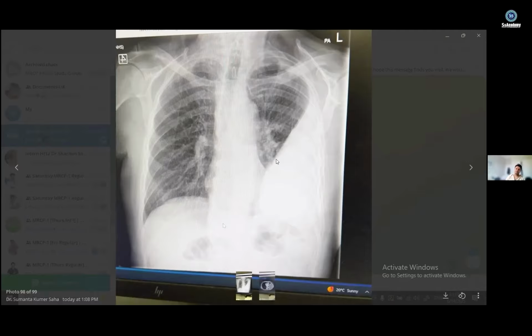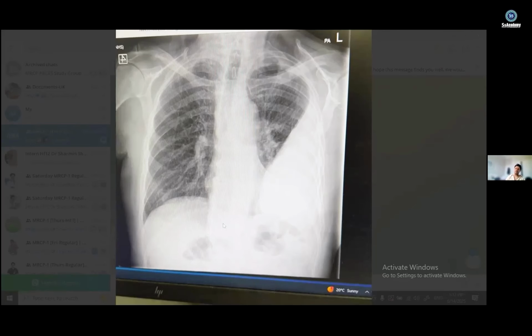Okay. So somebody says some collapse, lower lobe collapse. Lower lobe collapse needs the trachea to be shifted towards the same side. If it is collapsed, what will the trachea be? Trachea will be shifted, rather the mediastinal shifting. You see the trachea shifted to the right, the opposite side. So it's not collapse.